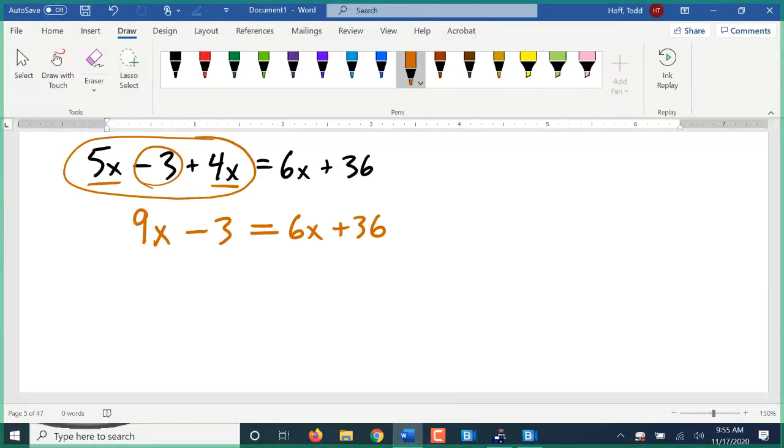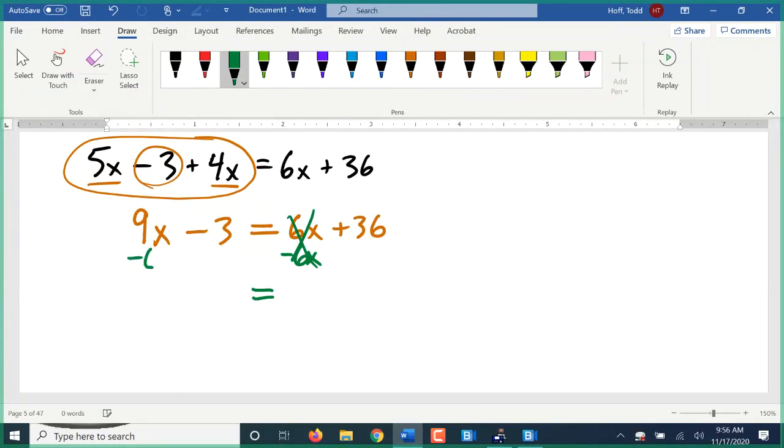Nothing to do there. Now, the second thing we have to do is make sure the variable's on only one side. We have 9x and 6x. We're going to get rid of the smaller one, which is the 6x. Since it is a positive 6x, we're going to get rid of it by subtracting 6x. That makes that go away. Now we have to subtract 6x from the other side of the equation as well. We can only take x's away from other x's.